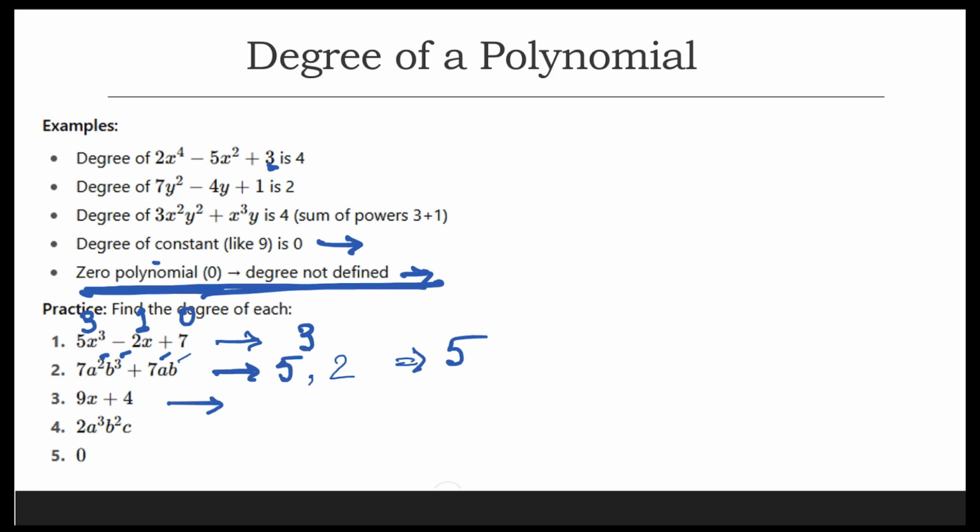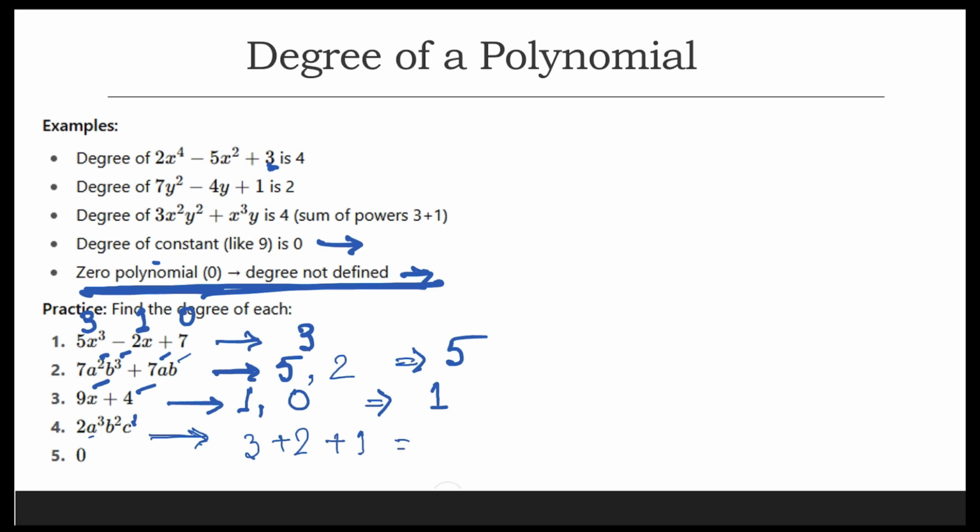Now in this case, the first term highest power is 1, x to the power 1, so 1. In this one, the highest power is 0 because constants do not have a variable, so power of variable is 0. So the degree of polynomial is 1. In this case, there is only one term, and the highest power of that term is a to the power 3 plus b to the power 2, so 3 plus 2 plus c to the power 1, right?